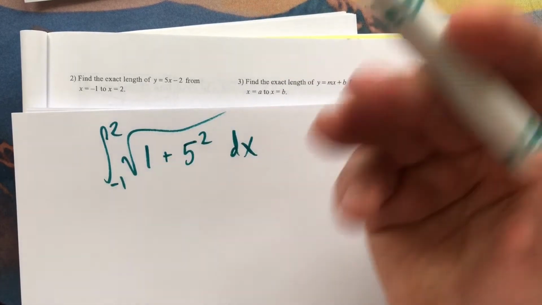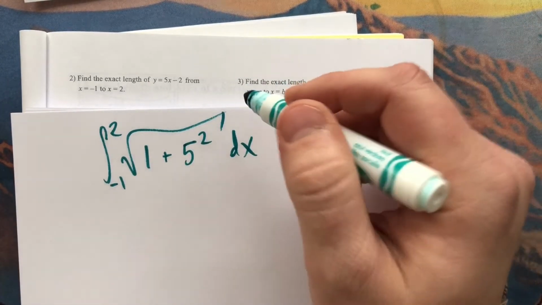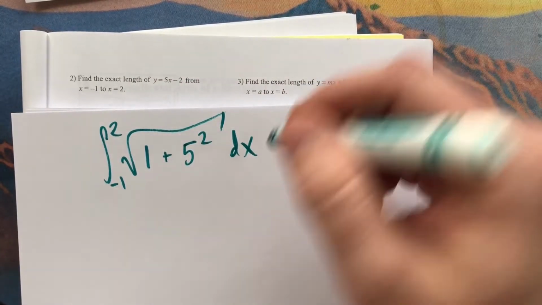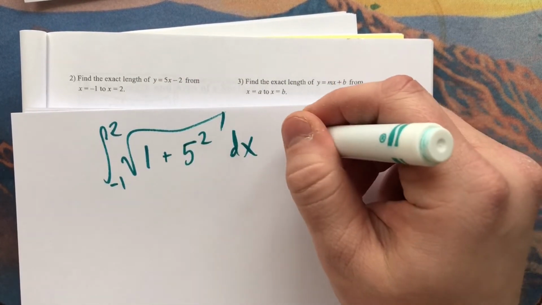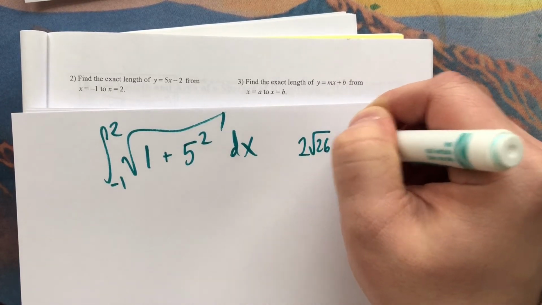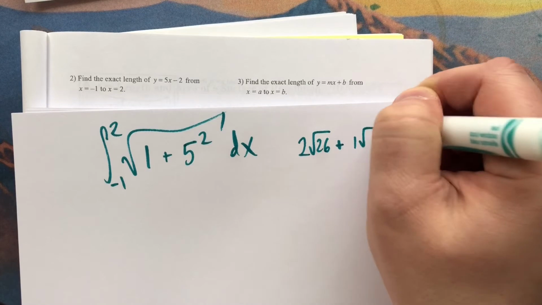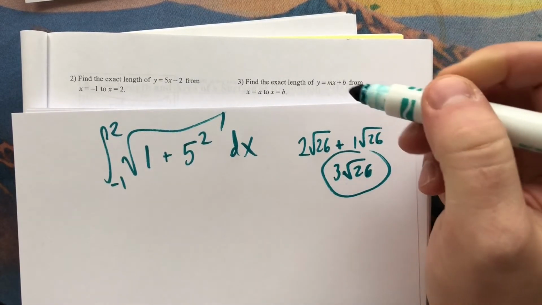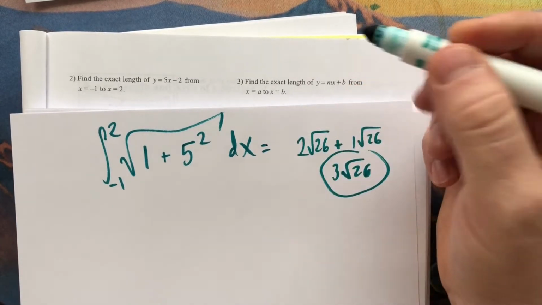And this is where, if you want, you could use your calculator to get the integral, or whatever you want to do, but it's what, 26? So it's going to be 2 root 26 plus 1 root 26, so 3 root 26. I'm skipping some steps and doing it in my head.